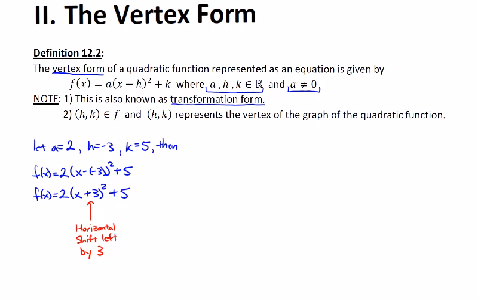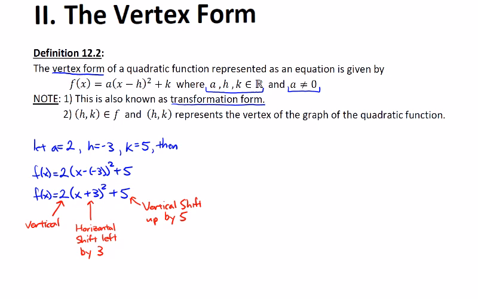The plus 5 is the same as your vertical shift. We would have a vertical shift up by 5 because of the k value there. And then the final thing that we have is this 2. And this 2 would indicate to me that I have a vertical stretch or shrink.